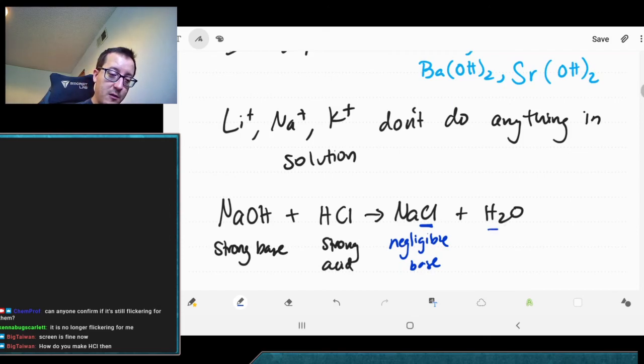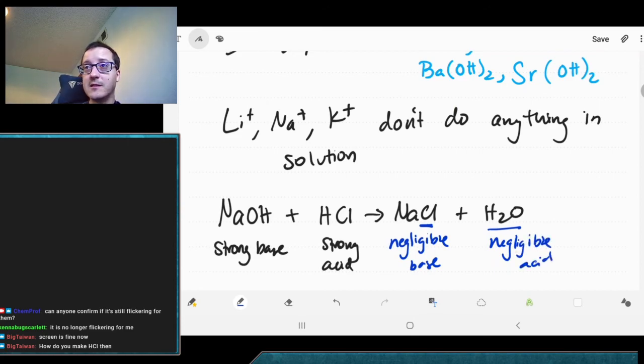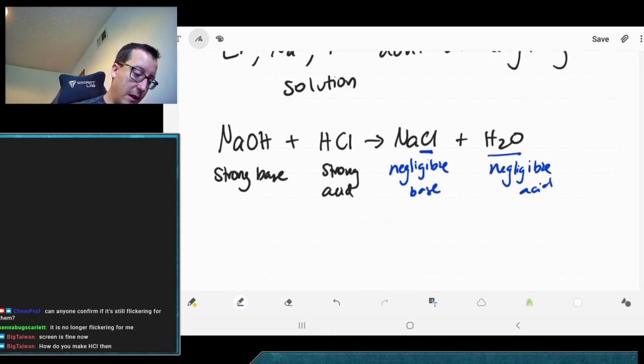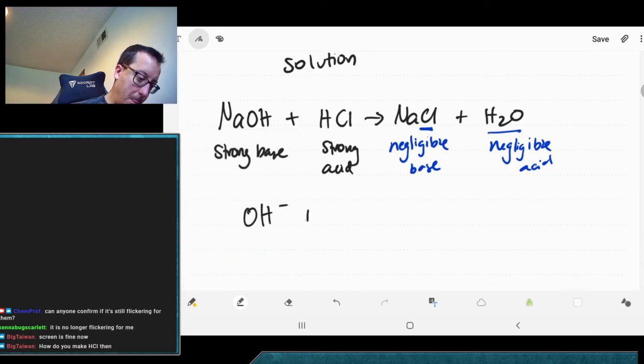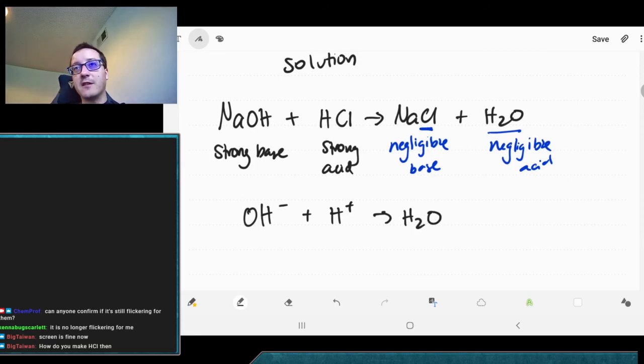And then we have water, which will be our negligible acid, which comes from the strong base hydroxide. And so if you were to look at the net reaction here, you don't even consider a chloride. You look at this. That's what you're looking at for the net reaction here.